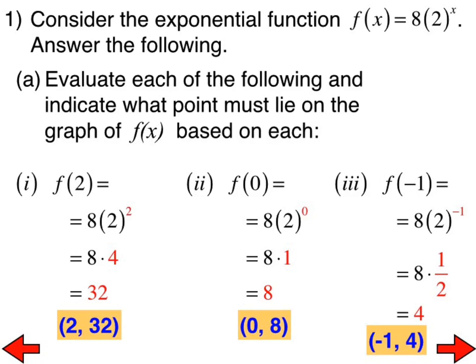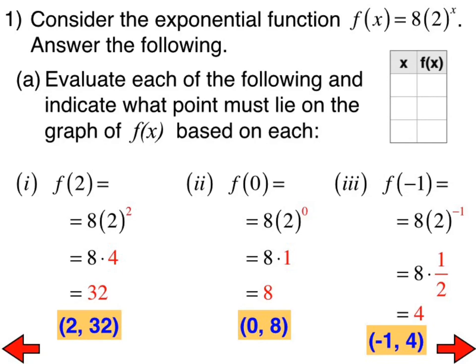So somewhere off to the side in your notes, I want you to create a table like I'm about to do off to the side here. So we're going to create a table that looks like that. Because what we did is we just generated 3 solutions or 3 ordered pairs for that function f of x equals 8 times 2 to the x power.